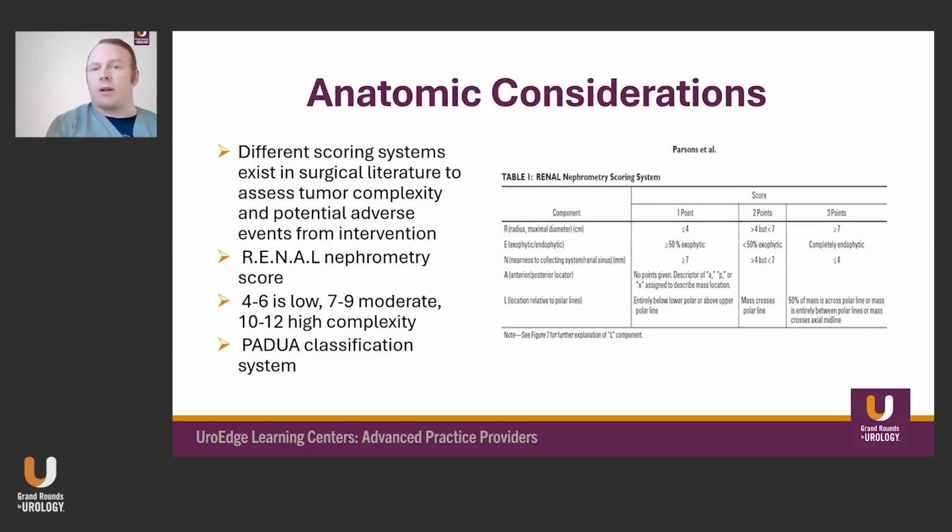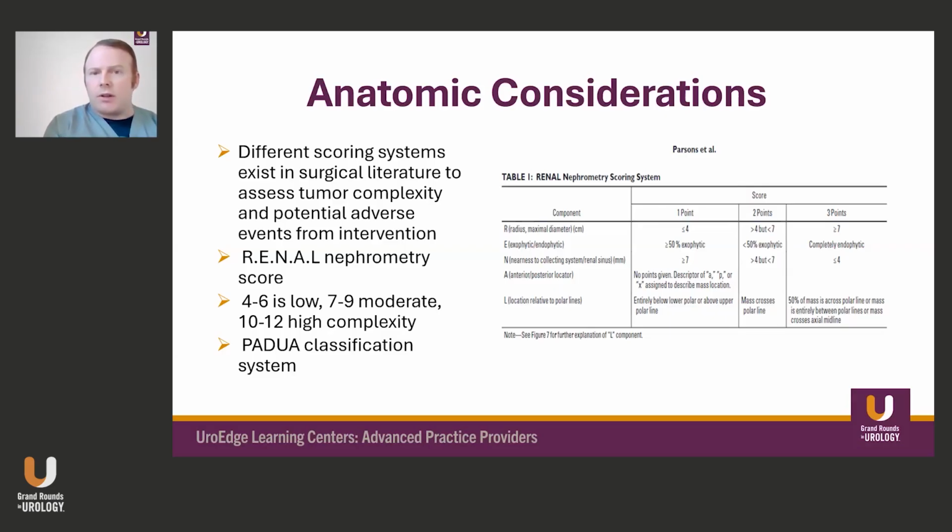It's here on the screen. I'm not going to get into the details, and the urologists tend to look at this more than interventional radiologists, but there's a scoring system where 4 to 6 is low and 10 to 12 is high complexity, respectively.